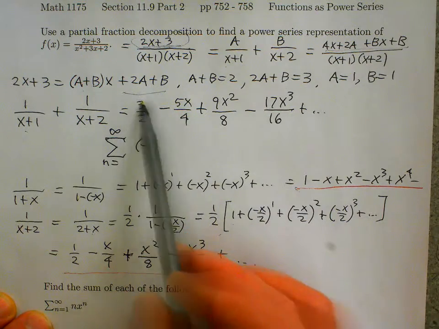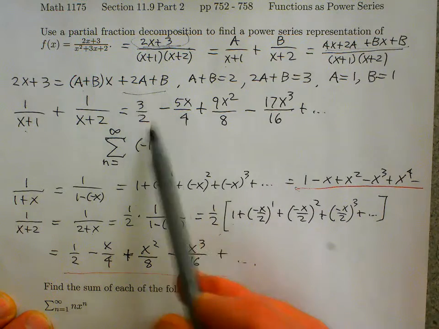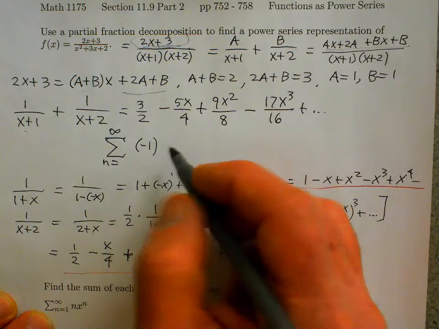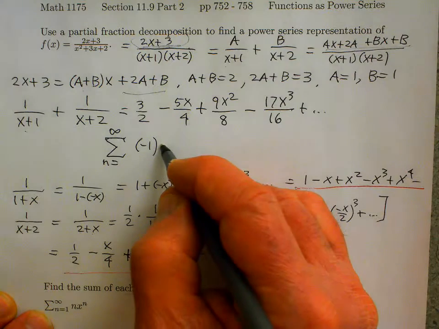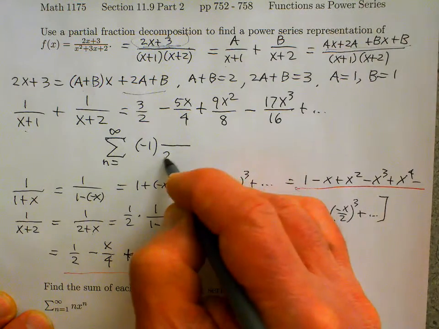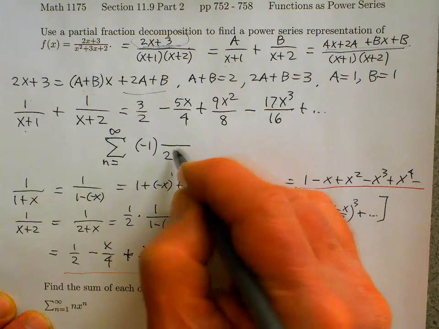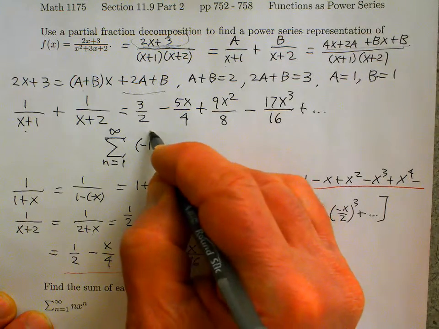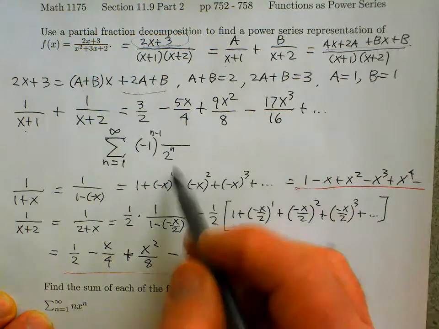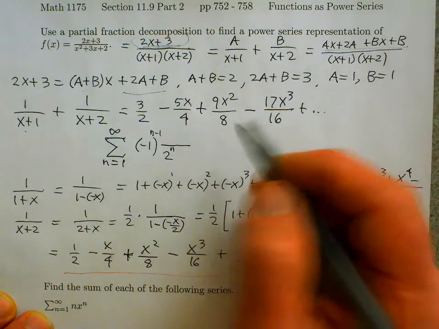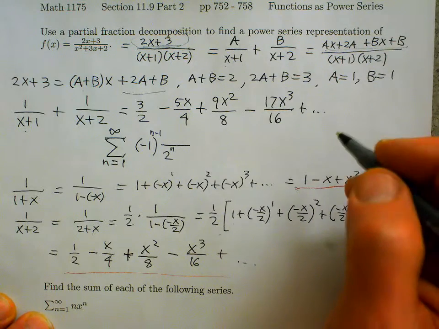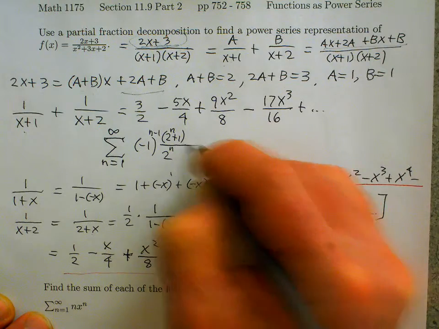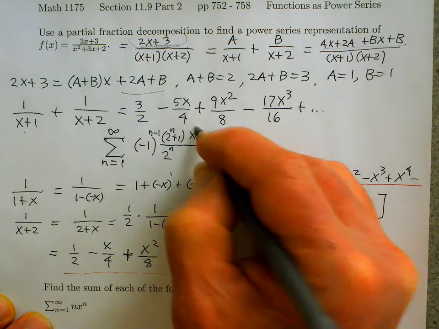And each numerator in absolute value is just one more than that power of 2. So if we make the denominator 2 to the n, if we start at n equals 1, then the numerator will be 2 to the n plus 1 times x to the n minus 1.